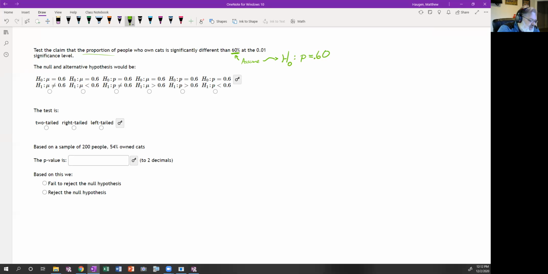And as soon as we see a claim, that is our alternative hypothesis. Our alternative hypothesis is not that it's greater than or less than 60. They're just saying the claim is that it's not 60. Fair?